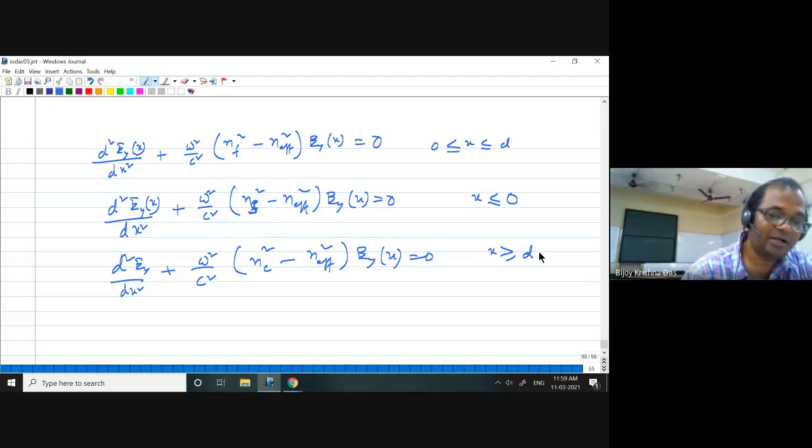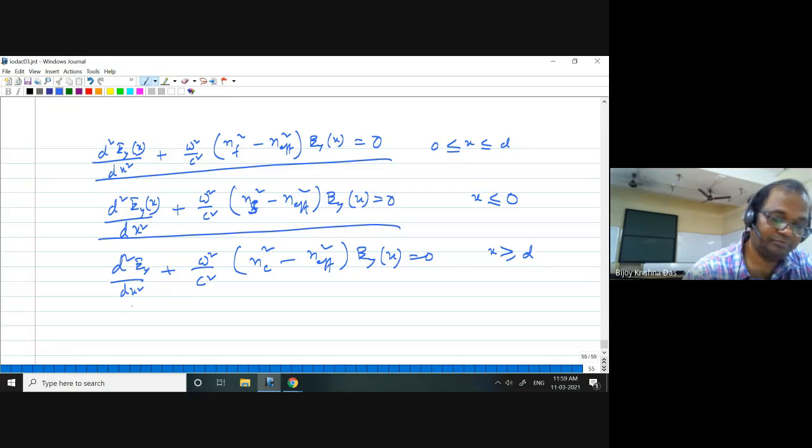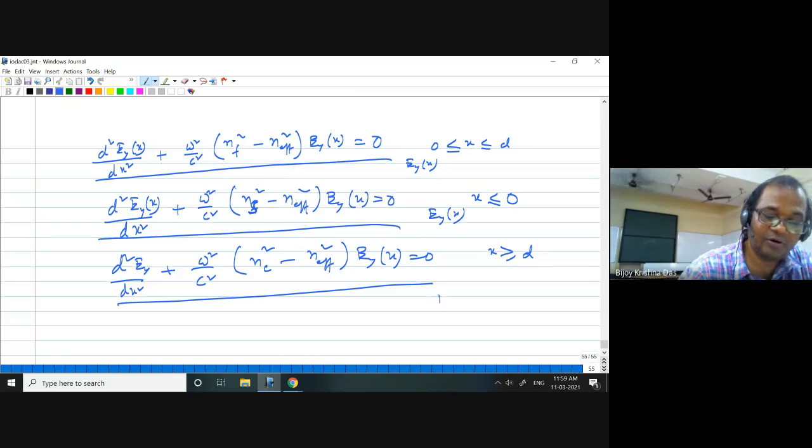So I could write down the wave equation for 3 media. I can get a wave solution for EYX here, a solution for EYX here, and a solution for EYX here. 3 different solutions I will be getting.